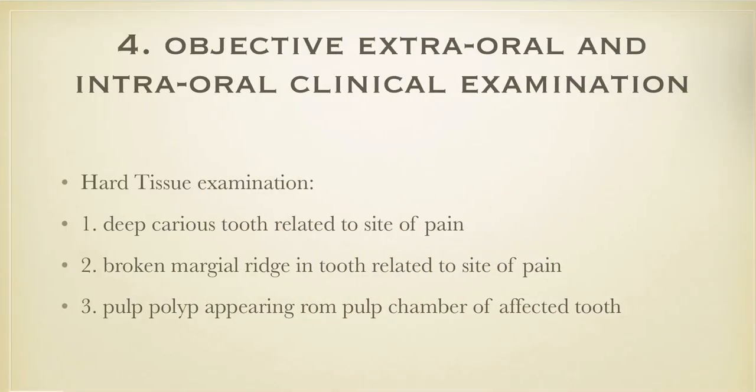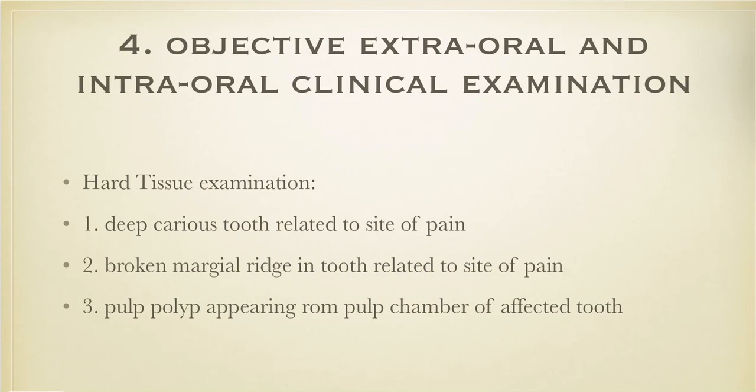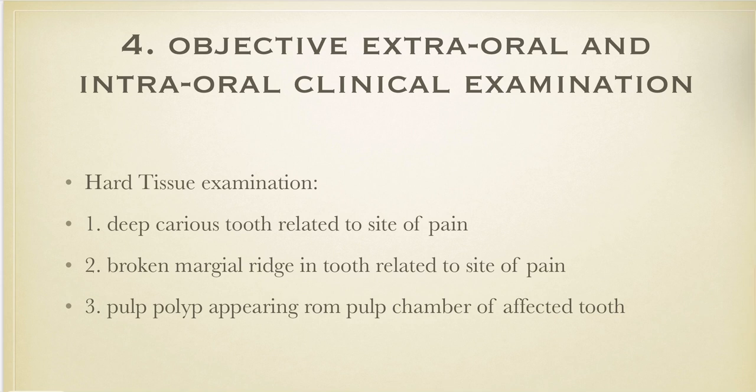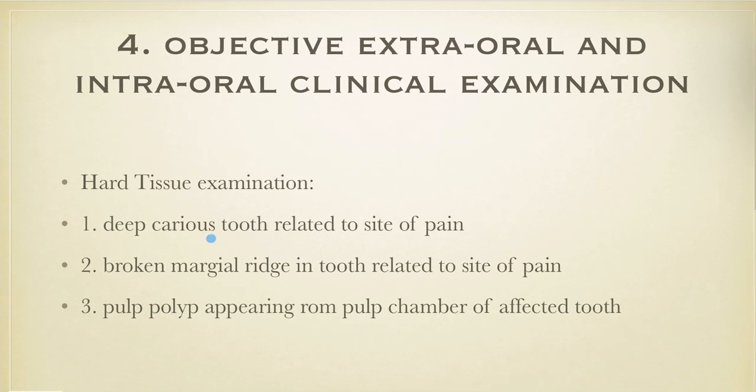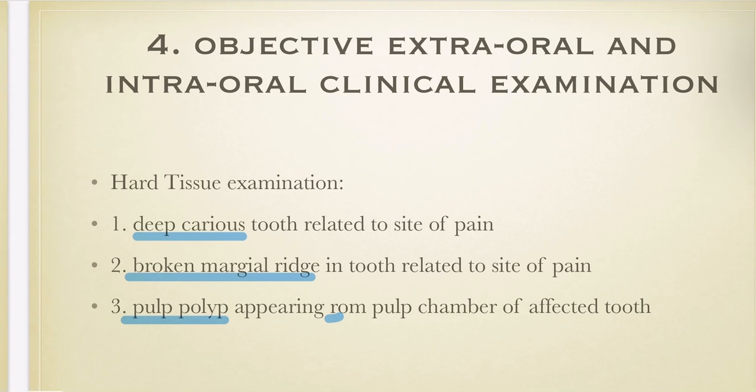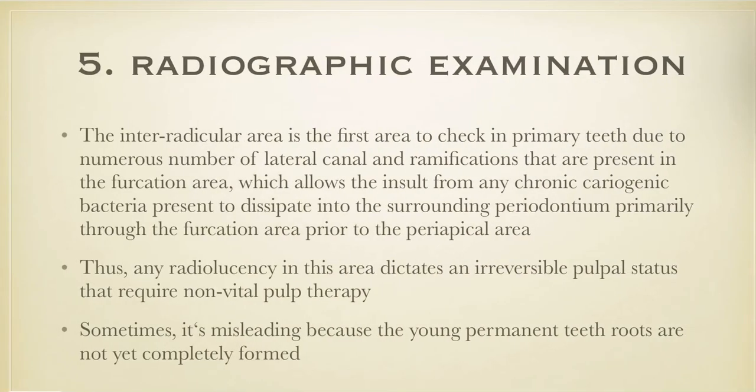Then we do the hard tissue examination. We look for any deep caries, broken marginal ridge, or pulp polyp appearing from the pulp chamber of the affected tooth. Then we have the radiographic examination.